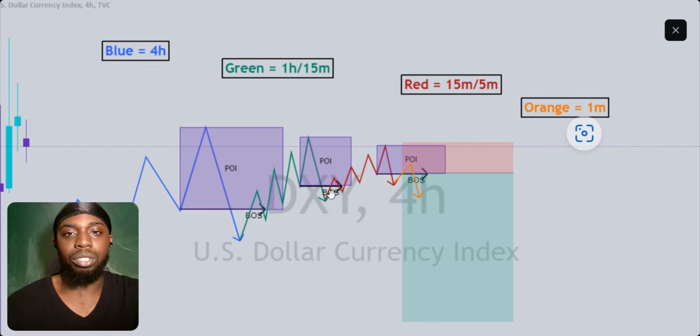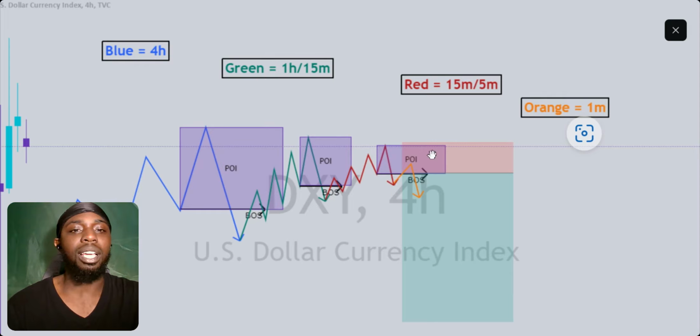So we would get that breaker structure on the 1 hour or the 15-minute. We then would see price start to make higher highs again and higher lows.